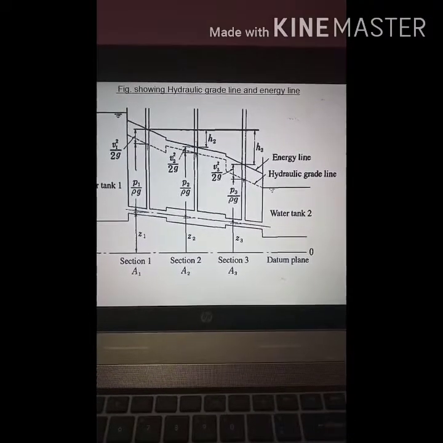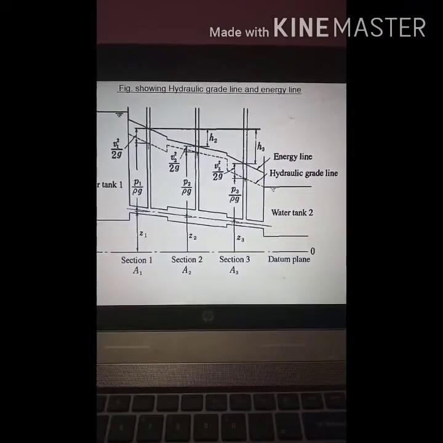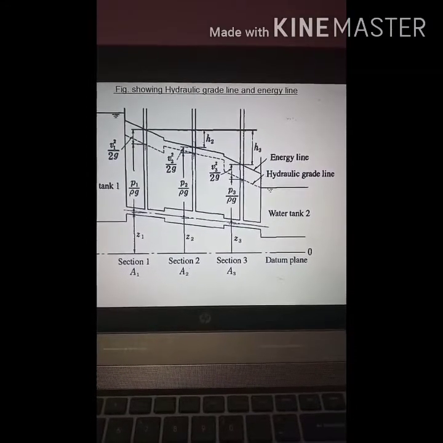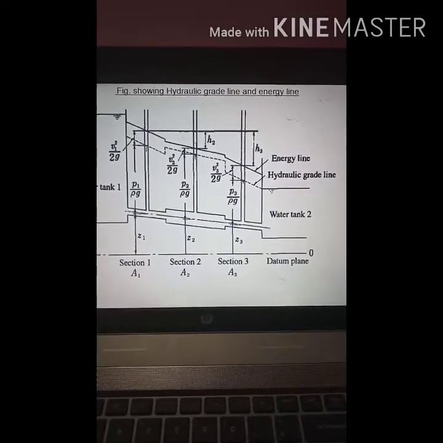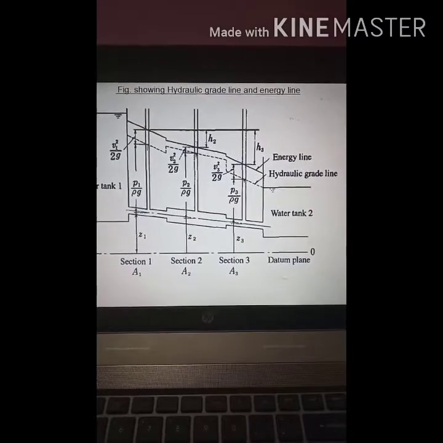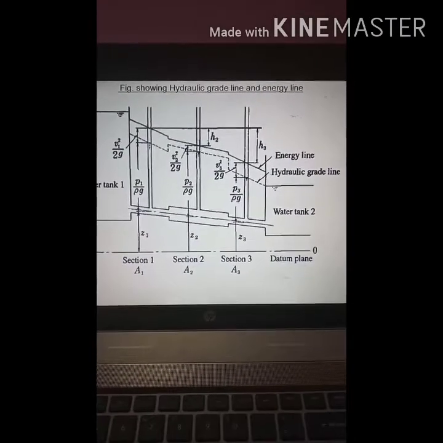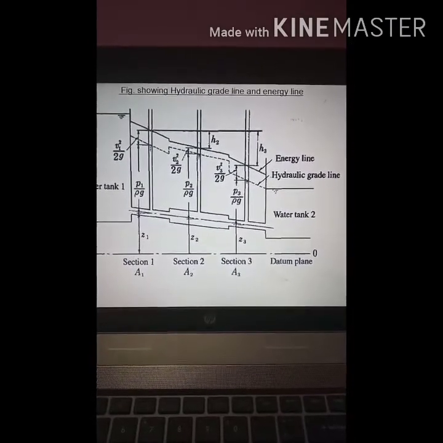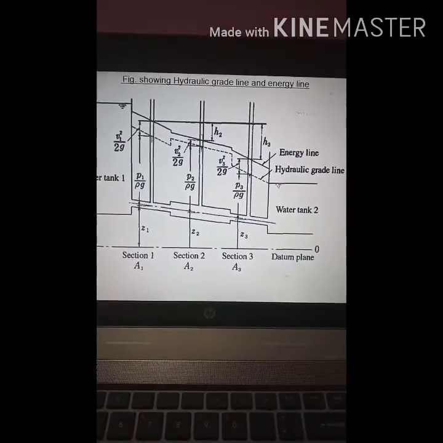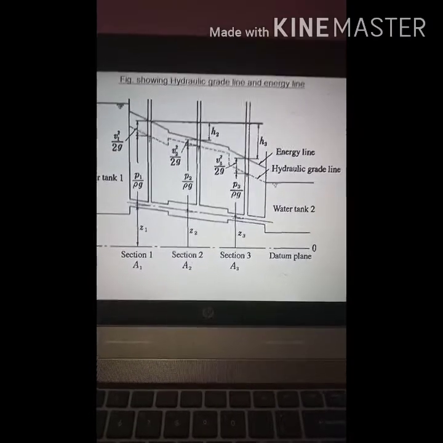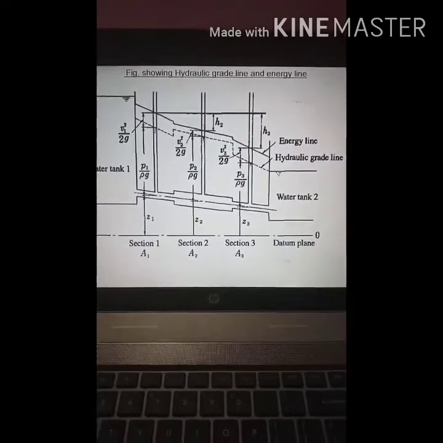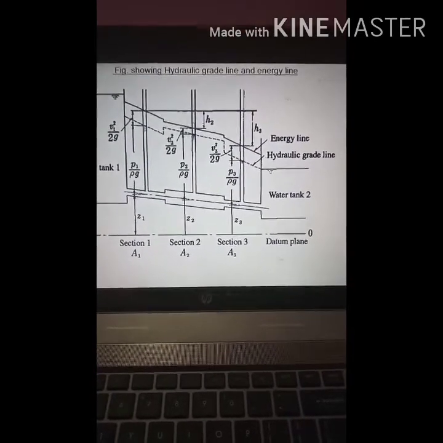The line decreases because of the losses H2 and H3. H2 includes the sudden expansion as well as friction across pipe 2, and H3 includes the loss due to sudden contraction and friction across pipe 3. If you subtract the loss of head due to these major as well as minor losses, you will see that the energy goes on decreasing from tank 1 to tank 2. That is called the loss of head.